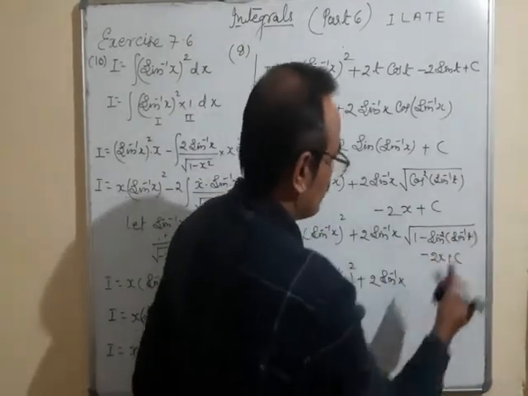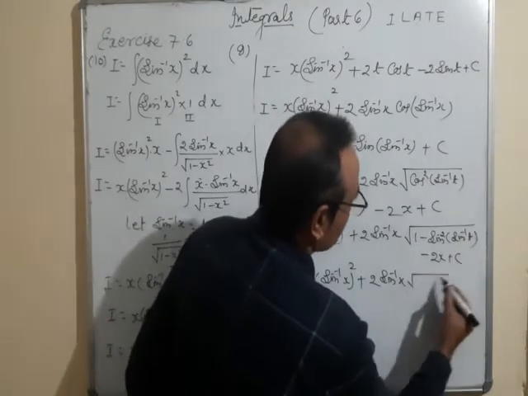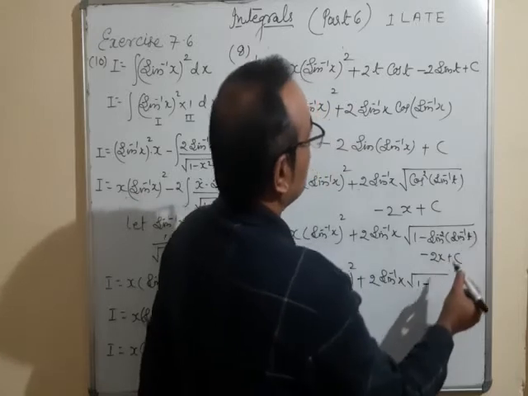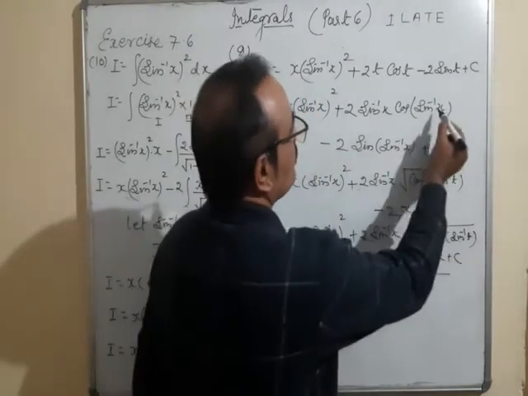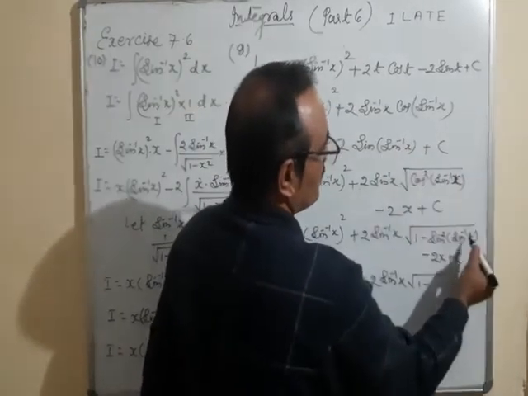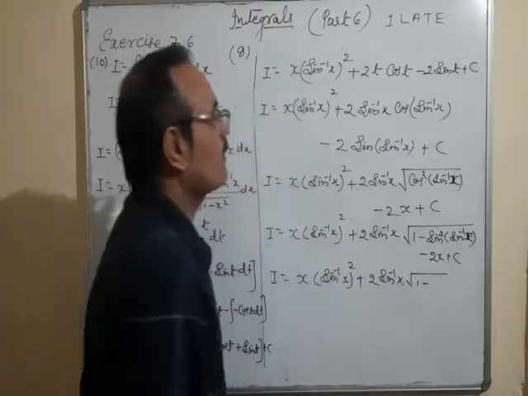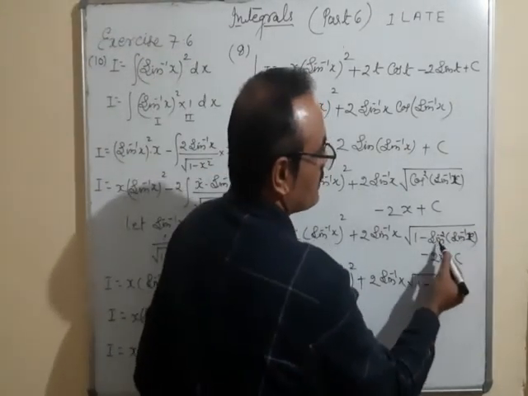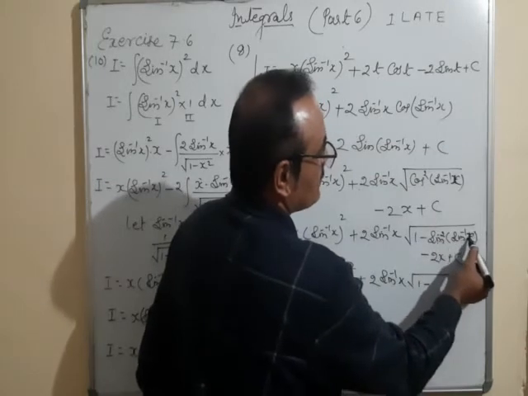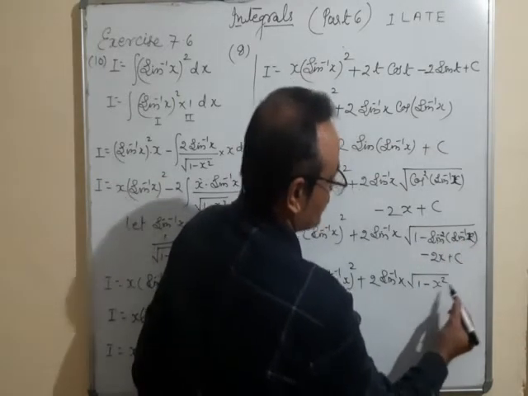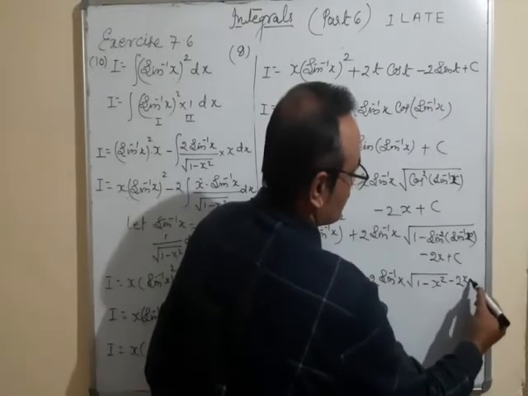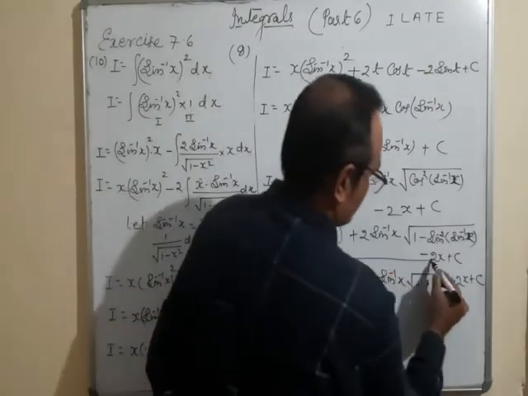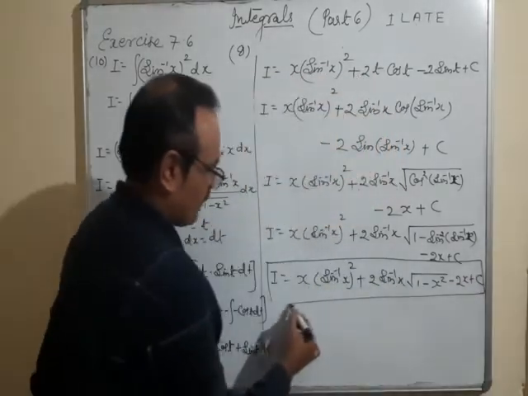Sin inverse cancel, 1 minus, in place of t, this is not t, it is x, because t already we have removed from all the terms. So sin and sin inverse cancel, it is x square. So under root 1 minus x square minus 2x plus c. So that is the solution of this term.